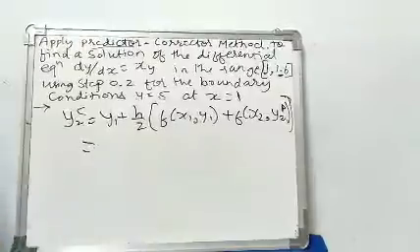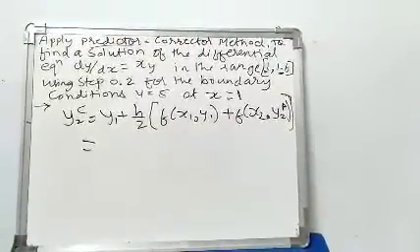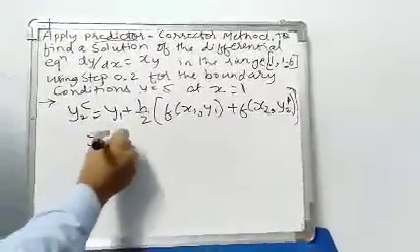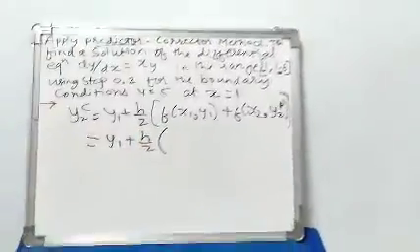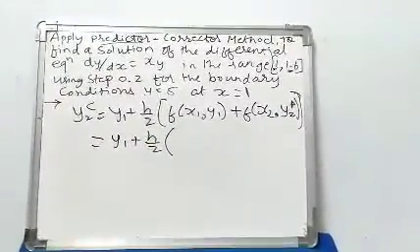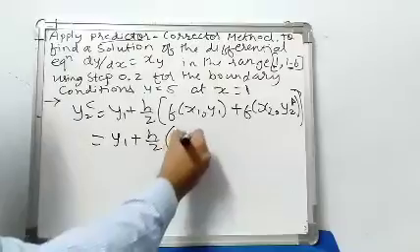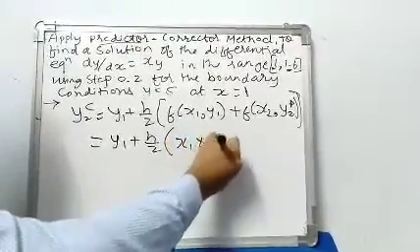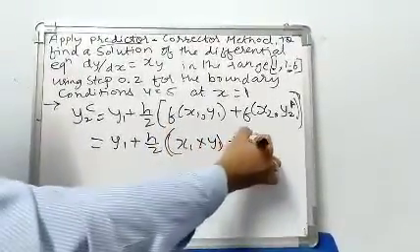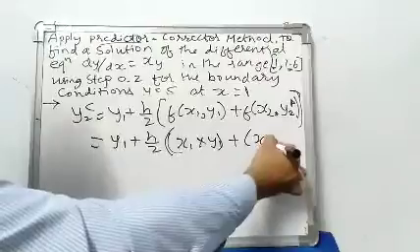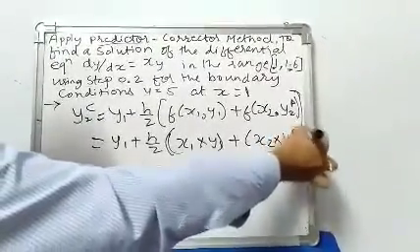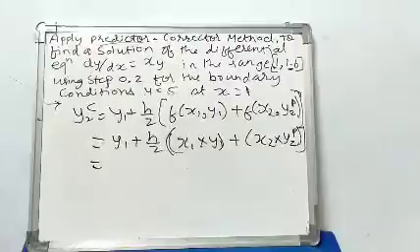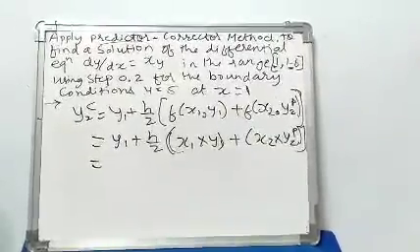We have the formula and we know how to use it: y1 plus h by 2 times x1 into y1 plus x2 into y2p. So place all these values.